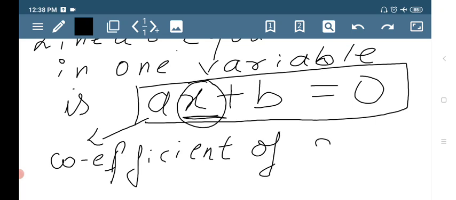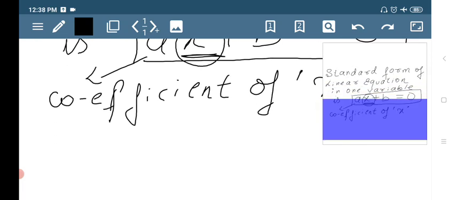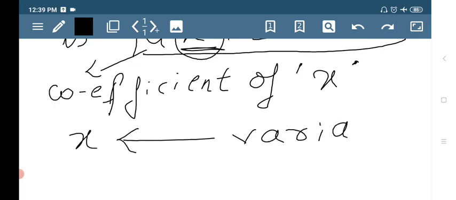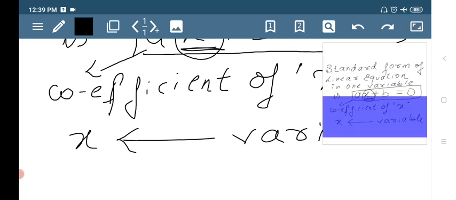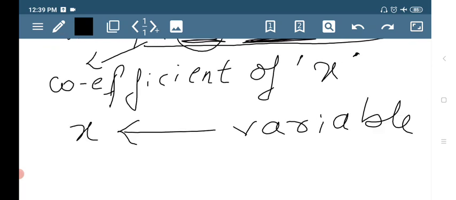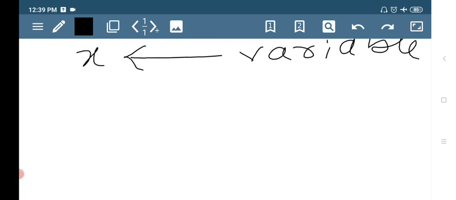Of x, of that variable x, and here b, we call this b as a constant.